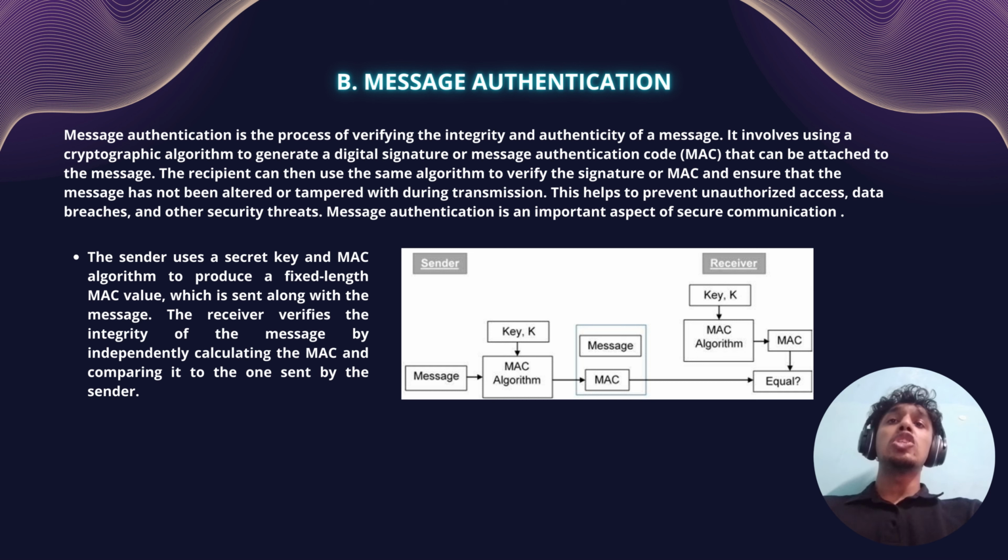The recipient can then use the same algorithm to verify the signature or MAC and ensure that the message has not been altered or tampered with during the transmission. This helps to prevent unauthorized access, database breaches, and other security threats. Message authentication is an important aspect of secure communication.